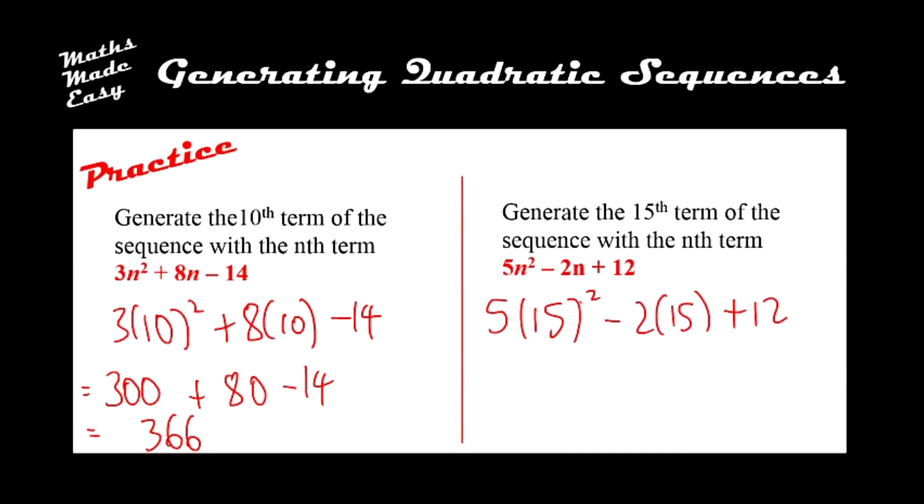Well, 15 squared is 225, so if you do 5 lots of 225, you're going to get 1125. Take away 30, add 12, and that comes out as 1107.